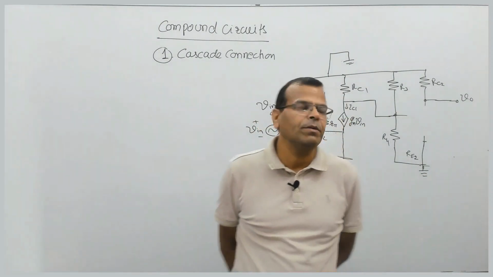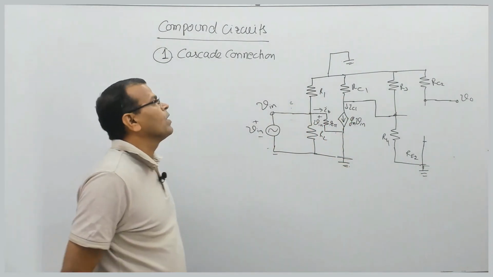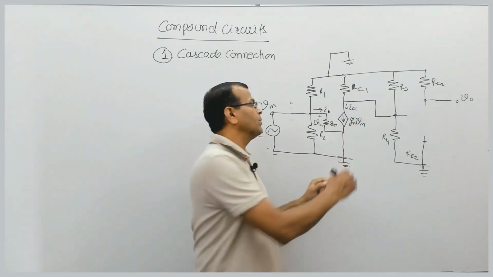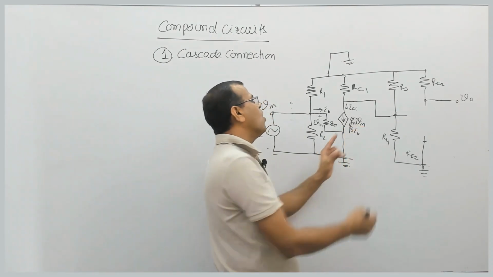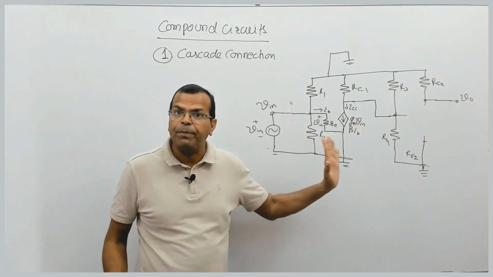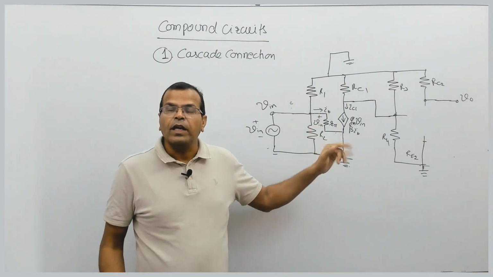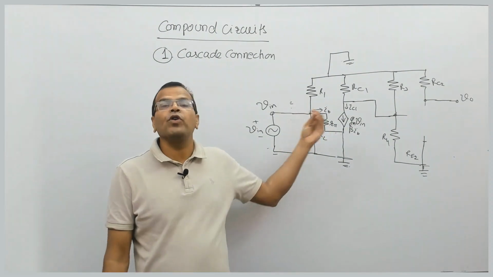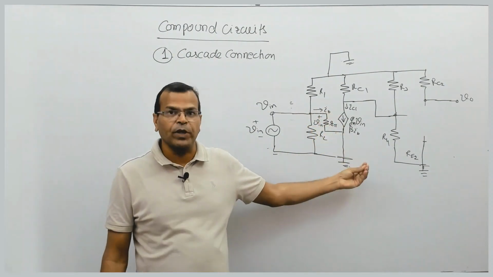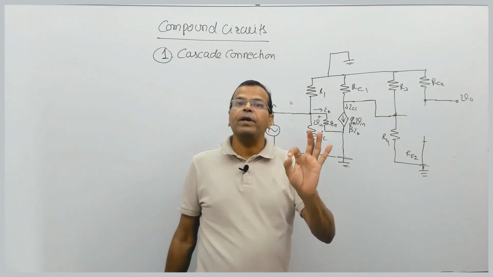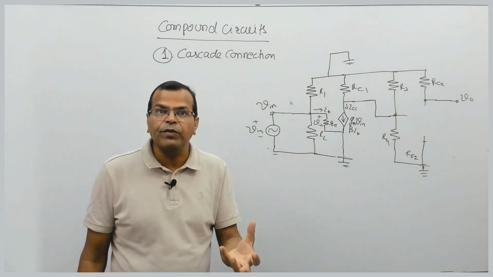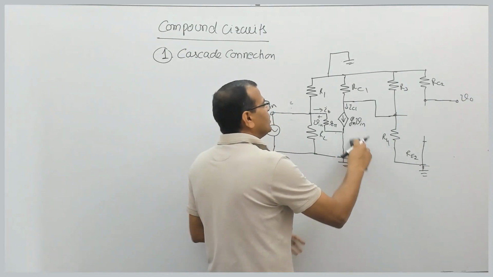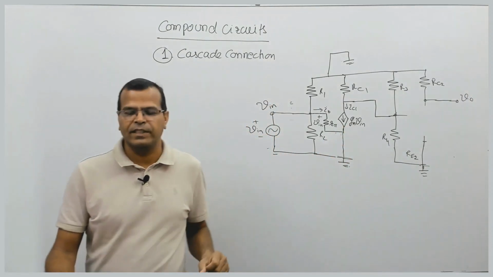So I am replacing it by V in. I repeat, you can take this current source in terms of beta into IB or gm into V in, that is the same. It depends on the type of parameters given to you in the numerical. I am doing it purely from the analysis point of view, so the choice will depend upon the parameters given to you. Here I am taking this current source in terms of transconductance.